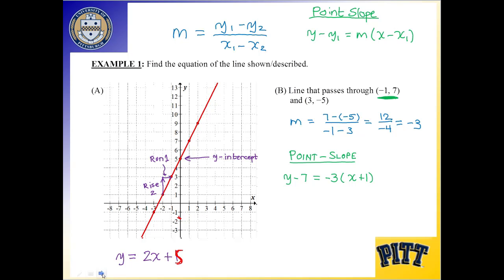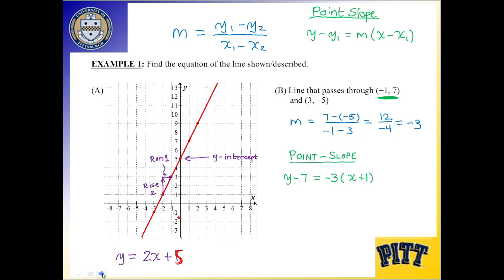Point slope is that format you see up there: y minus y1 equals m times x minus x1, where x1 and y1 are the coordinates of the point it passes through. Keep in mind also that the minus signs in that formula are part of the structure of that formula.